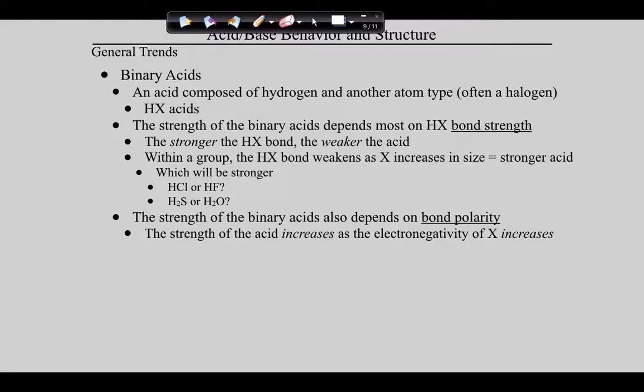And the polarity of the bond increases as the electronegativity of the element that hydrogen is bonded to increases. So, the strength of the acid increases as the electronegativity of X goes up.